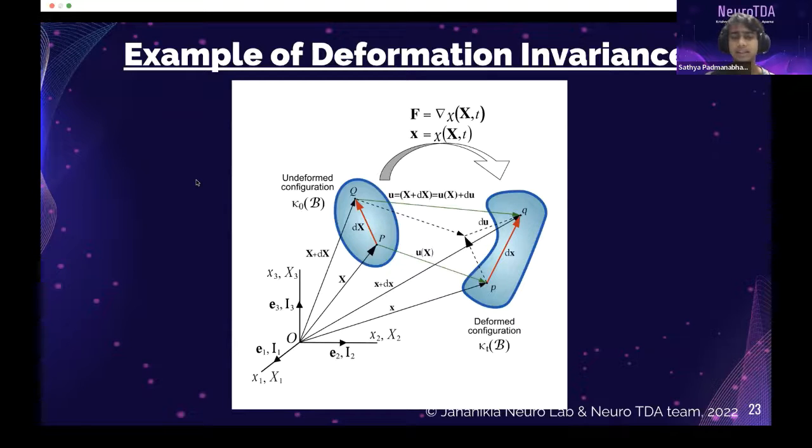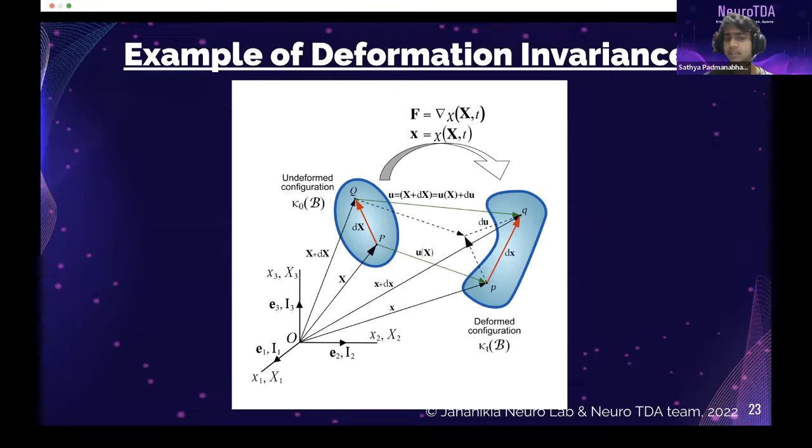And so this is a very complicated example of deformation invariance. Just to break it down a little bit, the top equation says F equals the upside down triangle and an equation. That refers to something called a gradient, which means you take the partial derivative with respect to all the variables. So this is basically a mathematical way to alter a function. As you can see under that little curvy arrow, there's the equation u equals x plus dx, equals u of x plus du.